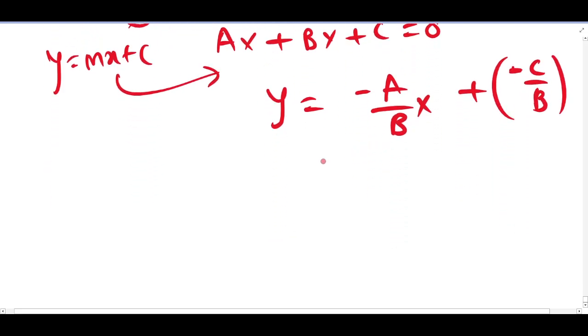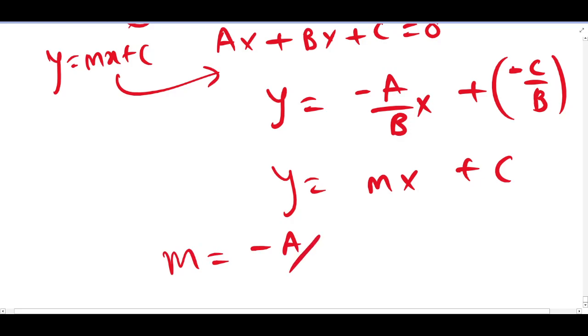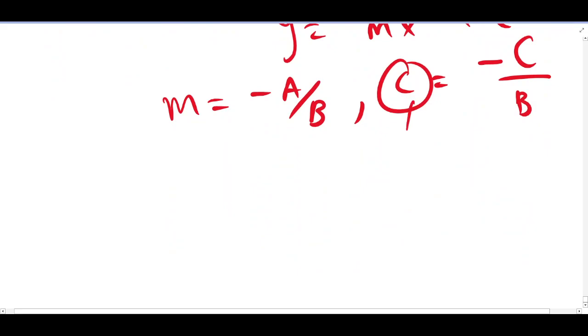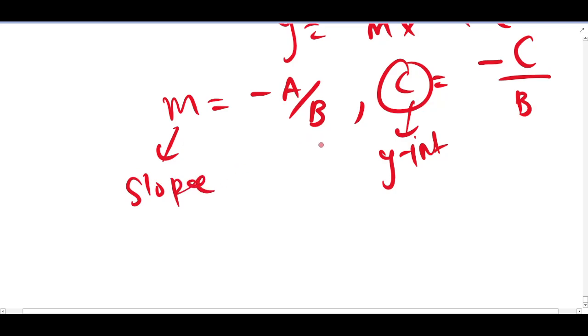If we compare with y equal to mx plus c, we get the slope as minus a by b and the y-intercept as minus c by b. So this is the y-intercept and this is the slope, and this c is not equal to the other c.